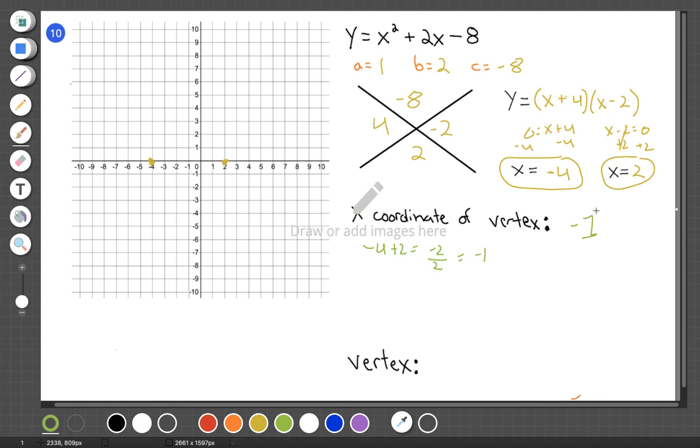Okay, finally, you're going to take this and you're going to plug it into your equation up here for both x's. So what does that look like? You're going to take y equals parentheses -1, close your parentheses, squared, plus 2, parentheses, -1 again, close your parentheses, -8. Type that in your calculator.